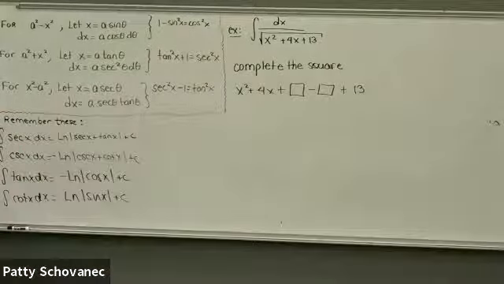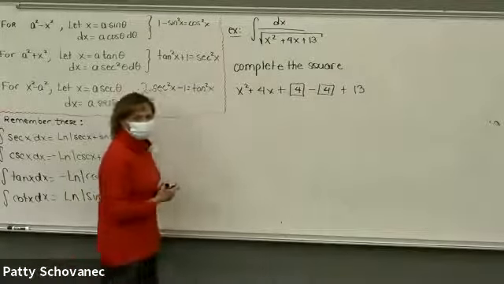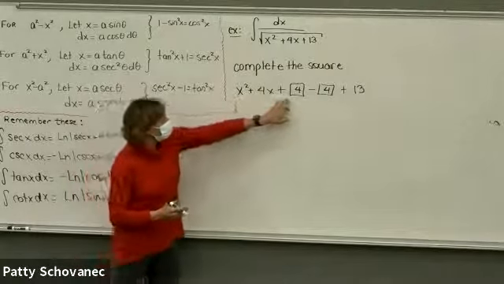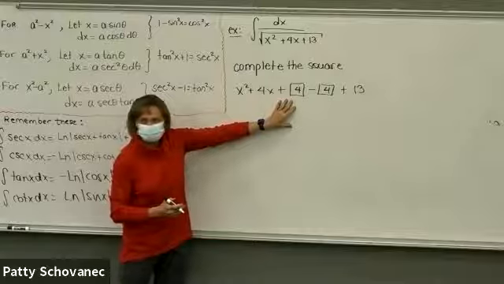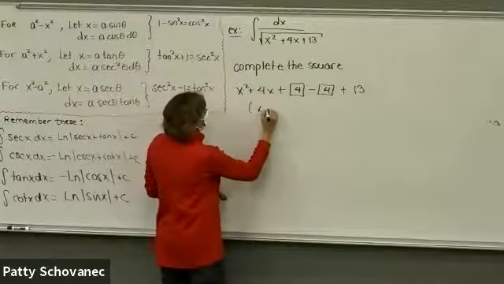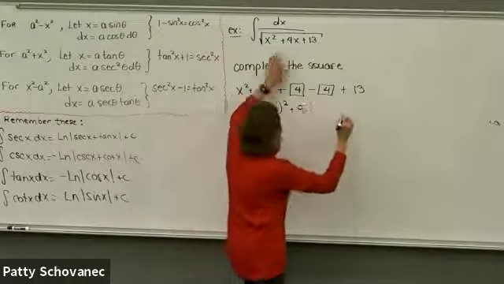The number that I add and take out has to be something that has two like factors that add to 4. I'm going to add a 4 right here. So the x squared plus 4x plus 4 is now a perfect square, x plus 2 all squared. The negative 4 plus 13 gives me a plus 9. So I've done this to the integral.